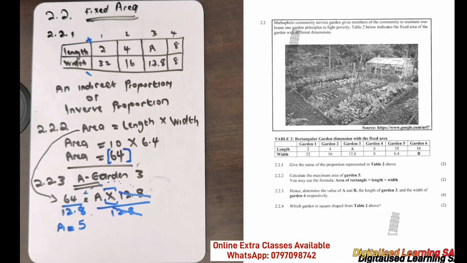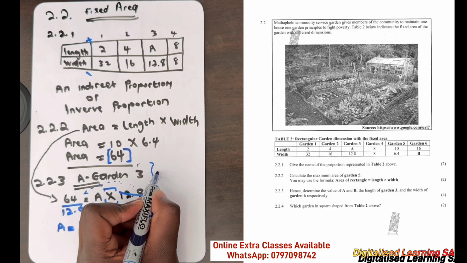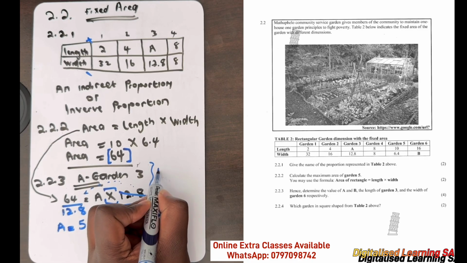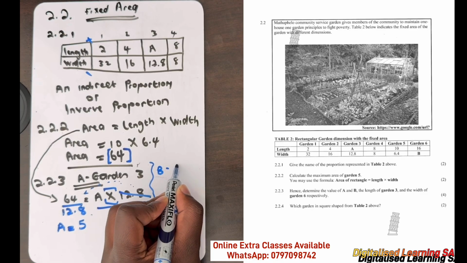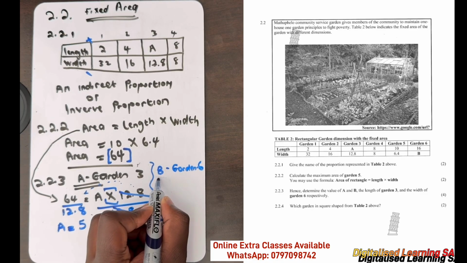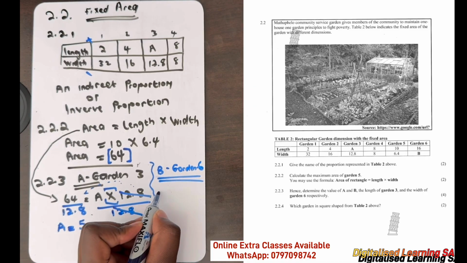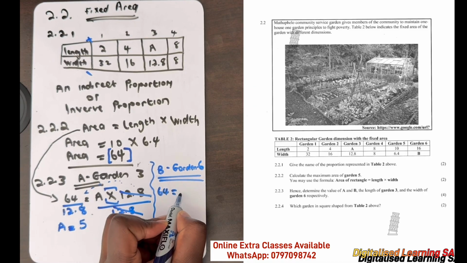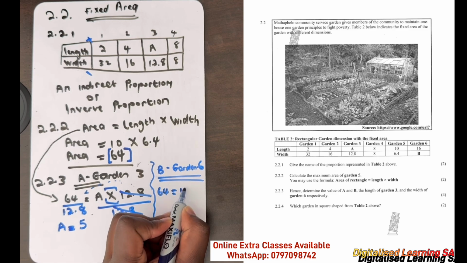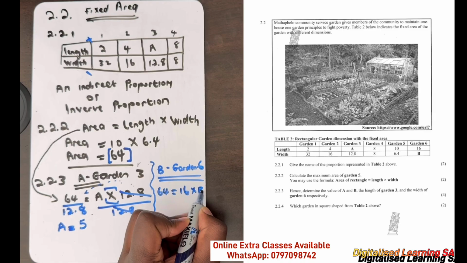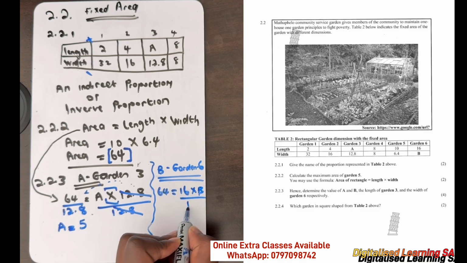Okay, and we do the same for B, for garden 6. So we do the same thing. So our area is 64 and our length that was given was 16 and our width was B. So we just divide by 16.